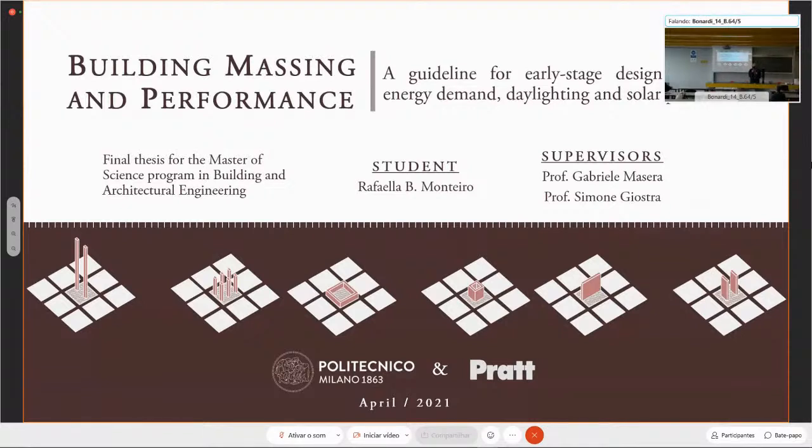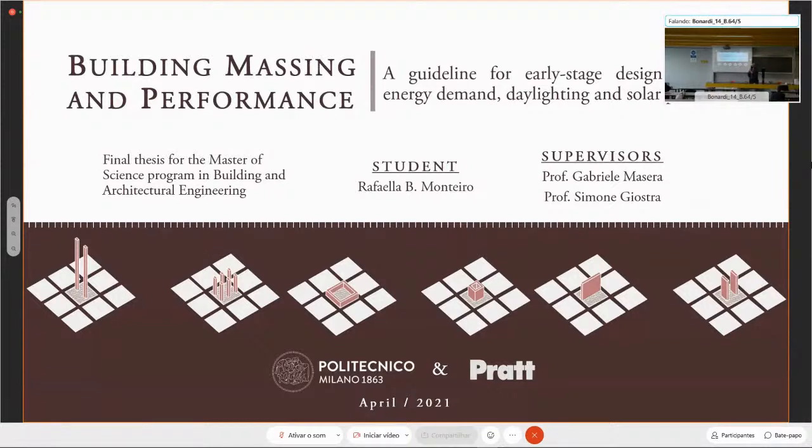But this is really a joint work, and it's part of a string of works which derives from the big question of form influencing performance. If there are ways to predict or identify shapes, and I will detail what shape means, that have intrinsically better performances than others.